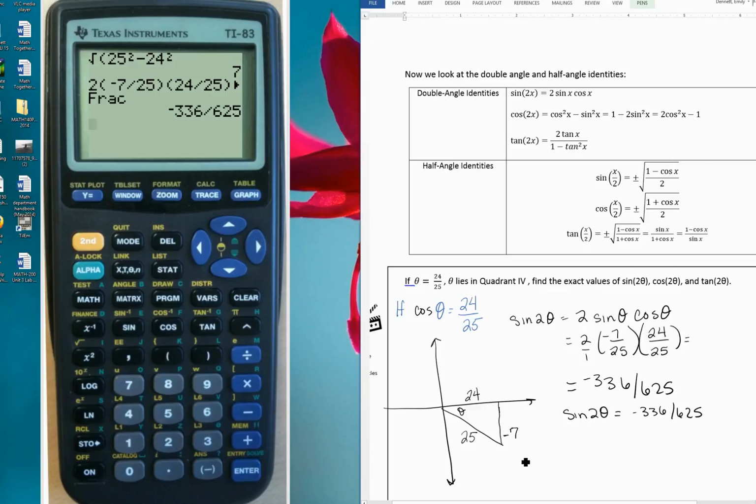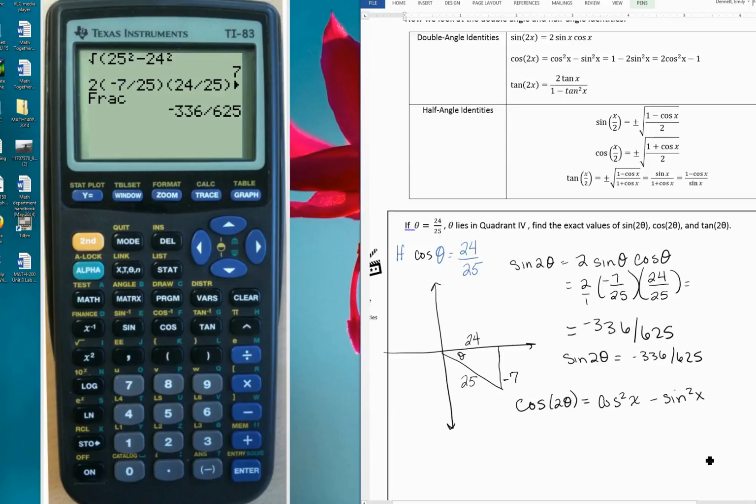Okay, now we want cosine of 2 theta. You'll notice we have 3 different ways that we can write this. It doesn't matter which one we do, but let's just take the first one: cosine squared of x minus sine squared of x. Those should be thetas instead of x's. So cosine of theta we know is 24 over 25. We're going to square that, minus negative 7 over 25 squared.